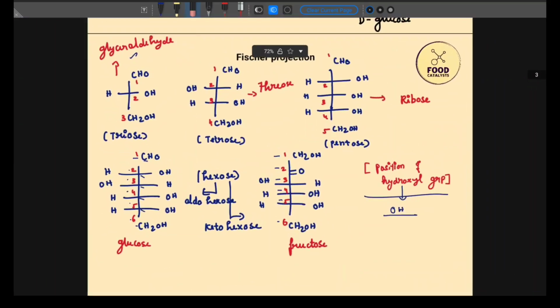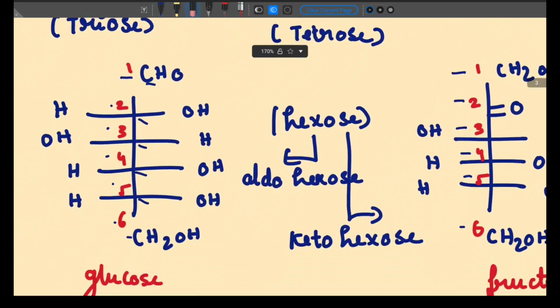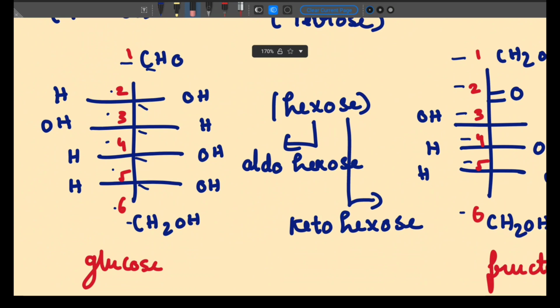So if they ask in a simpler manner, what is a Fischer projection? It means the position of the hydroxyl group. In all these structures, the one thing that is clear is where the OH is placed. But let's take an example of glucose and understand the situation. To understand a 6 carbon glucose, we need to understand where the OH is placed.